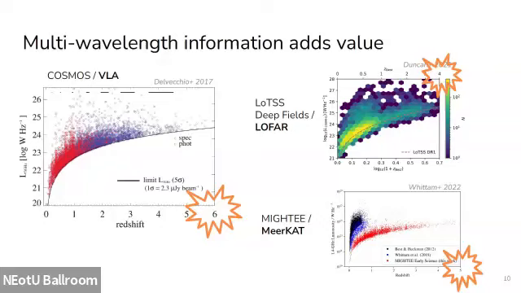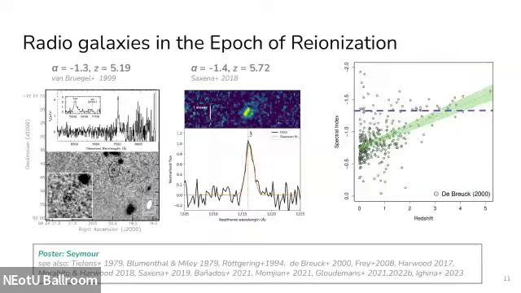To really push towards cosmic dawn and find those high redshift galaxies, we really need to go to wide area surveys to find rare sources, and there are a couple of posters on wider area radio surveys here at the conference. So we do know about radio galaxies towards the epoch of reionization.